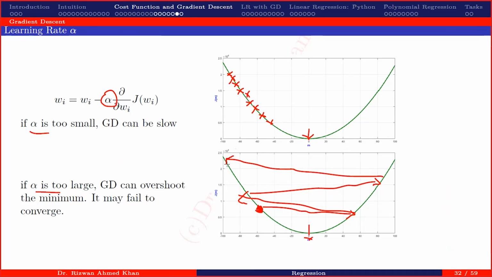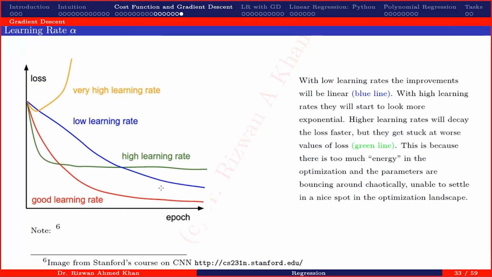So it will not converge, and in some cases it will diverge and not find the correct solution. So this is the problem of finding the correct alpha, or learning rate. We have to find a nice balance between a very large value of alpha and a very small value of alpha.